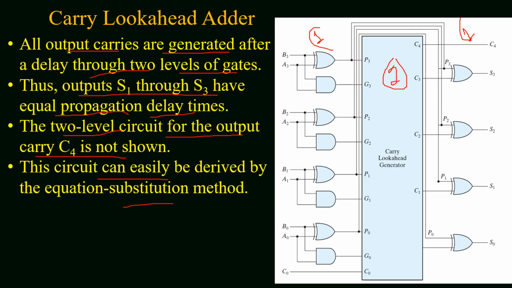So the total will be a 4 level delay, whereas in the ripple carry adder it was about 8 levels delay. And this is achieved at the cost of a more complex gate structure.